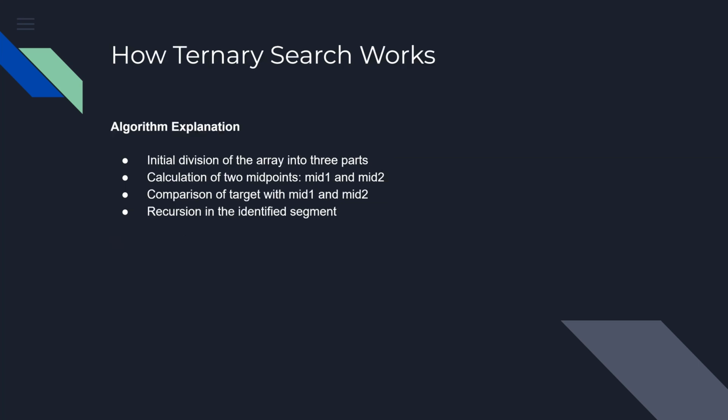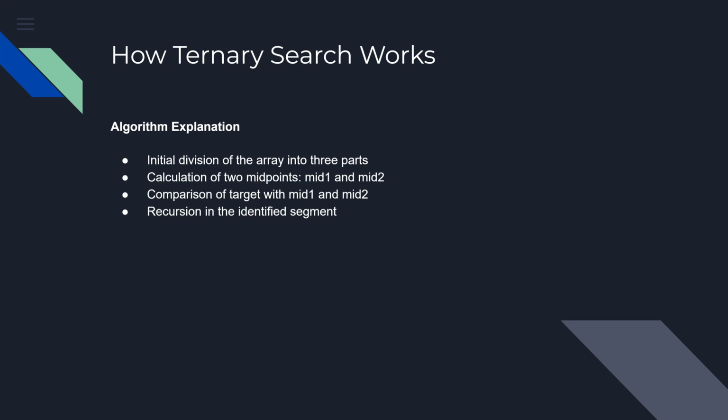So next is how ternary search works, right? So the ternary search works by splitting the array into three parts as previously described. Then we calculate two midpoints, mid1 and mid2. These can be stored in variables.